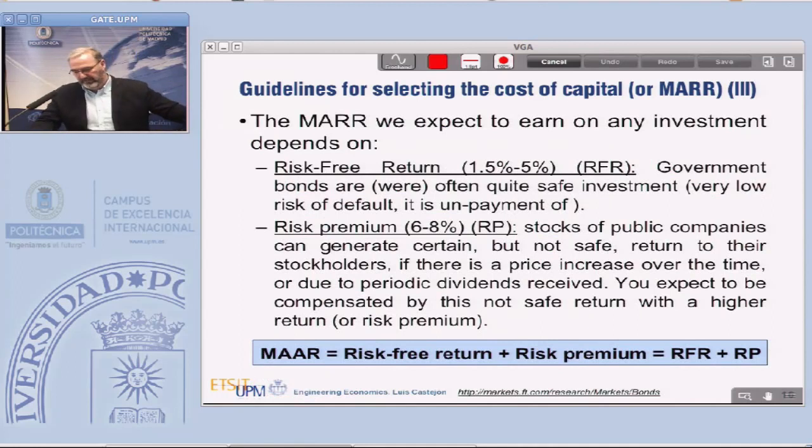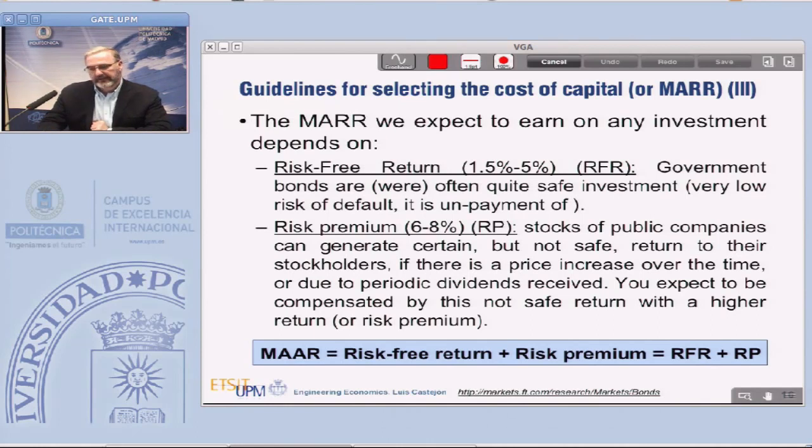How do we establish a minimum attractive rate of return in our DCF evaluation? The two extreme terms are, first, the risk-free return, the government bonds and the usual annual return of those government bonds, which is 1.5% or 5%, around this, depending on the country.